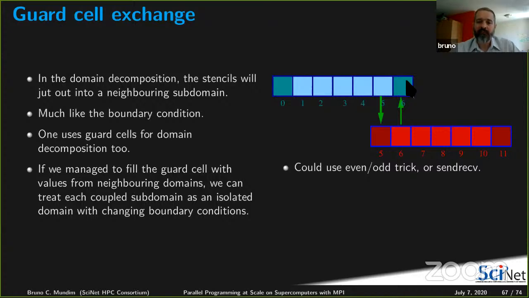However, for this guard cell here, you don't apply the boundary condition; you get the data from your neighbor that has done the computation of the data there. That data actually belongs to your neighbor. So your neighbor needs to send a message to you, and in the same way, you need to send a message to the guard cell of your neighbor.